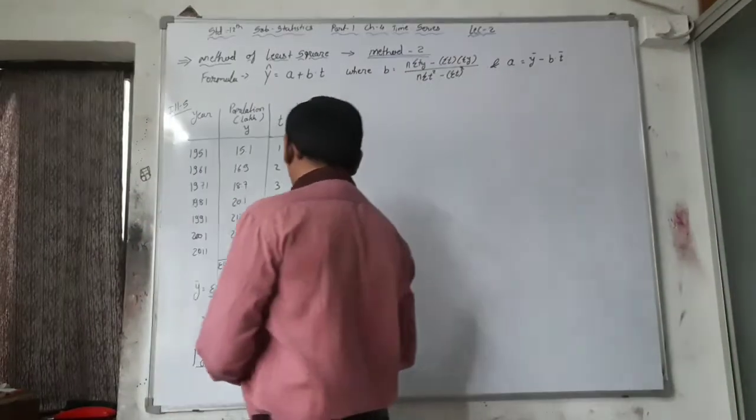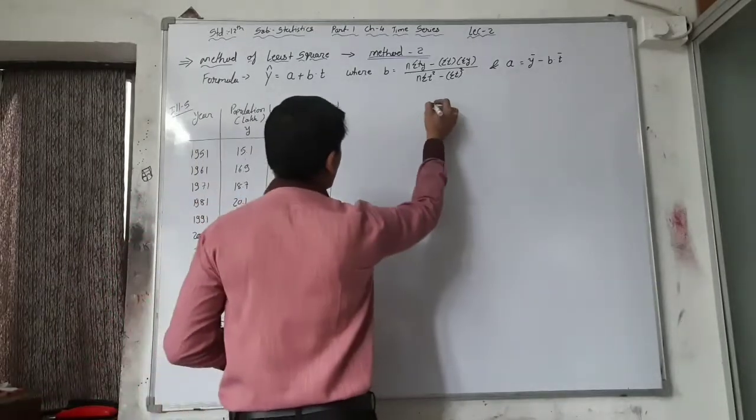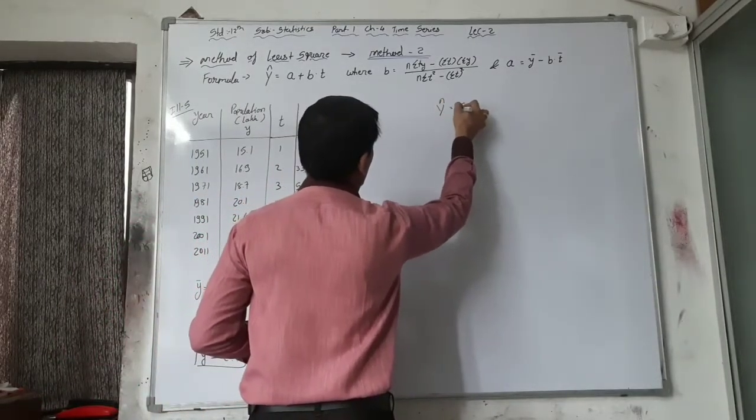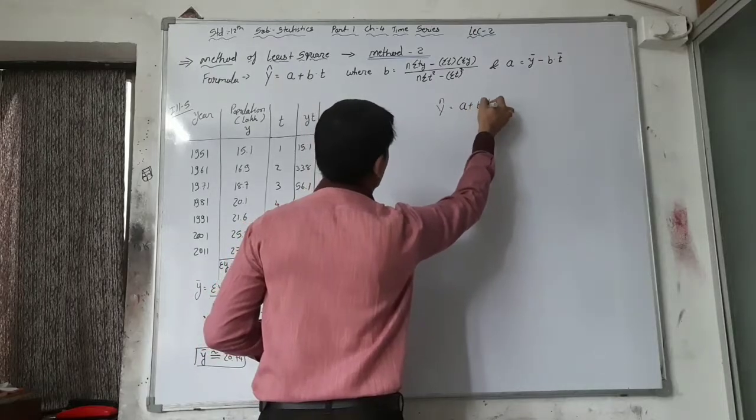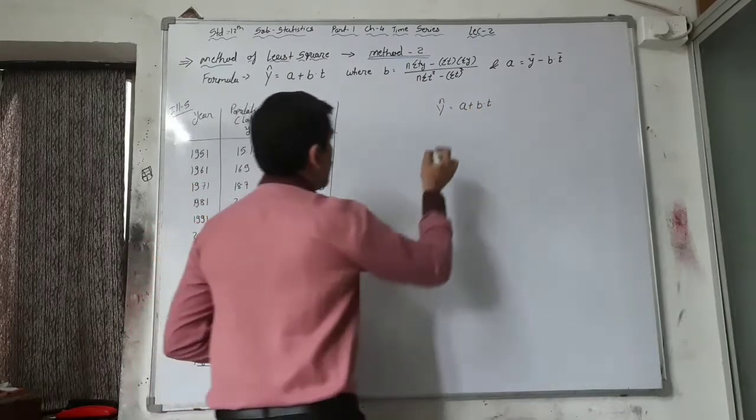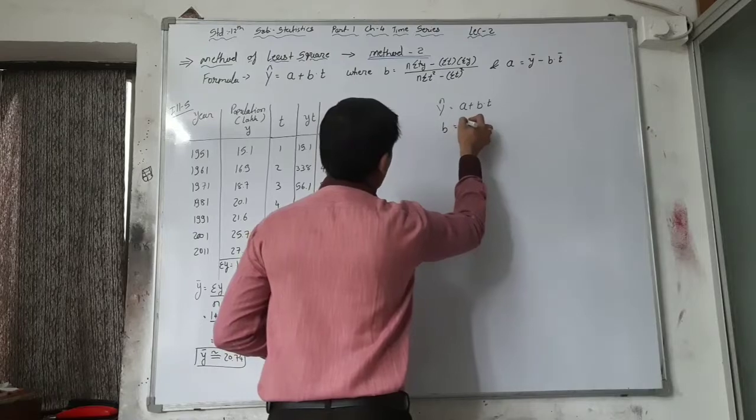Now we are putting all the values in y cap is equal to a plus b t, right? First of all, what is the value of b? What is the formula for b?